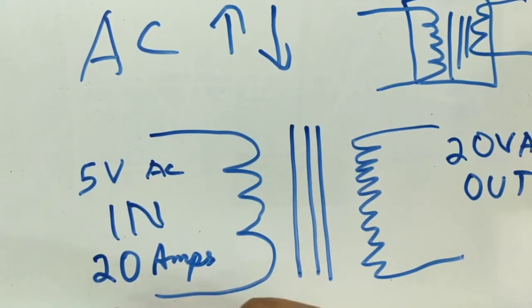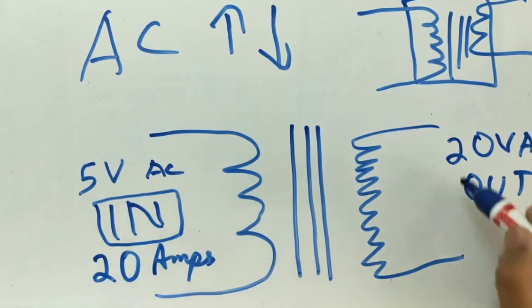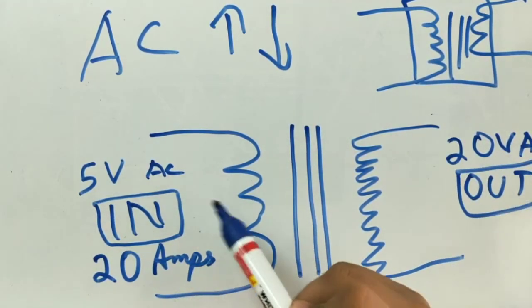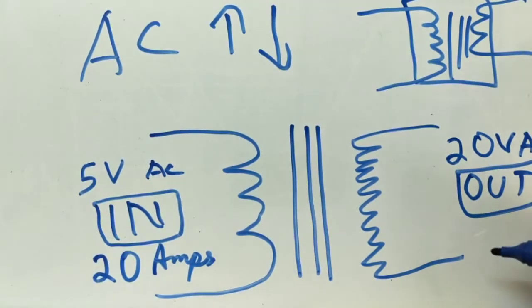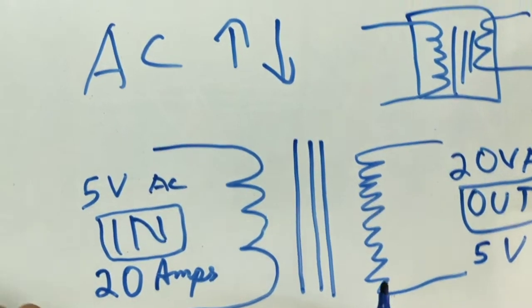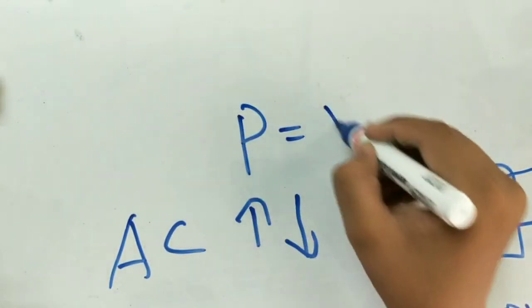This 20 amps of current I am inputting, so it would give an output of 5 amp. We could calculate this using the formula P equal to VI.